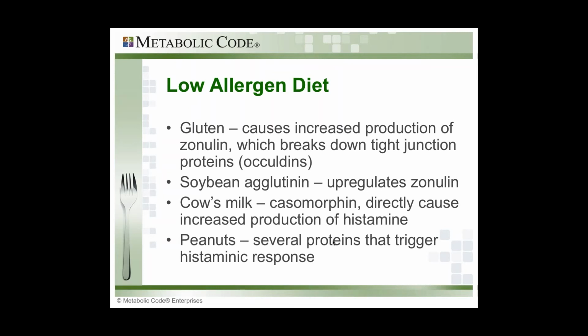So eating these allergenic foods can be more problematic for some people, especially in the instance of wheat. But these are substances that are known to do these things. So diet can drive the tendency toward this problem. So if somebody lives on cow's milk, for example, and is constantly having that increased production of histamine, that alone can eventually cause the breakdown of those tight junction proteins and start to cause this upregulated immune response. So just how much you eat of certain of these allergenic foods could have an influence.